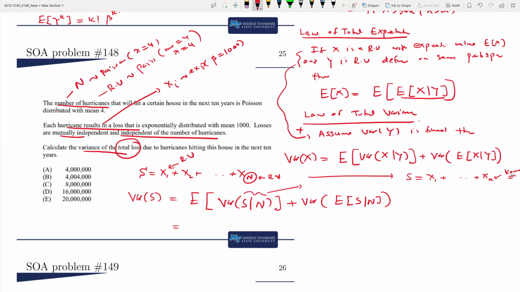So now the variance of S is going to be basically n times the variance of xi, because n is fixed. And by the way, here we have something very important: the xi are mutually independent and identically distributed.